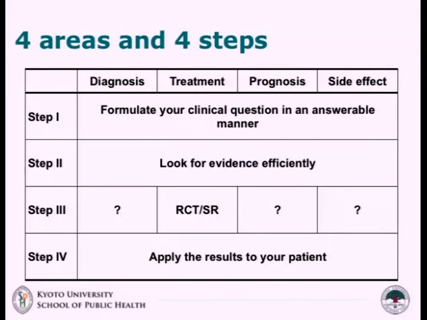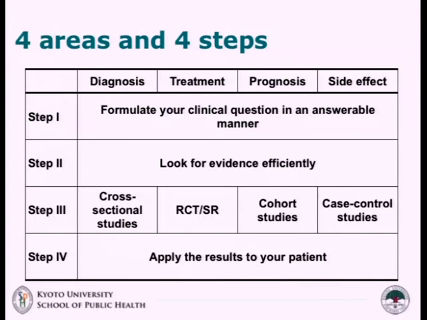Earlier, we have learned that the best evidence for treatment may come from RCTs or their systematic reviews. For the other questions, the best evidence may come from other types of studies.